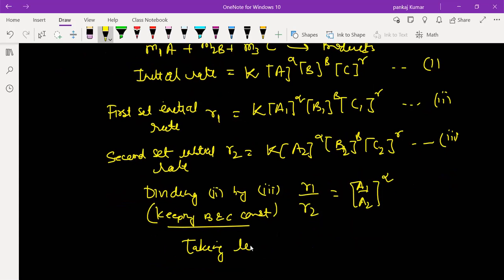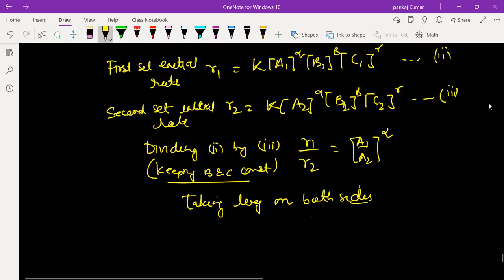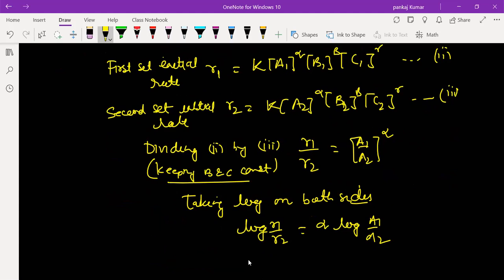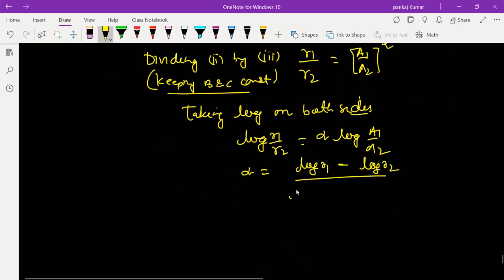Taking log on both sides, log of R1 by R2 equals alpha into log of A1 by A2. So alpha is equal to log R1 minus log R2, divided by log A1 minus log A2. Understood now?